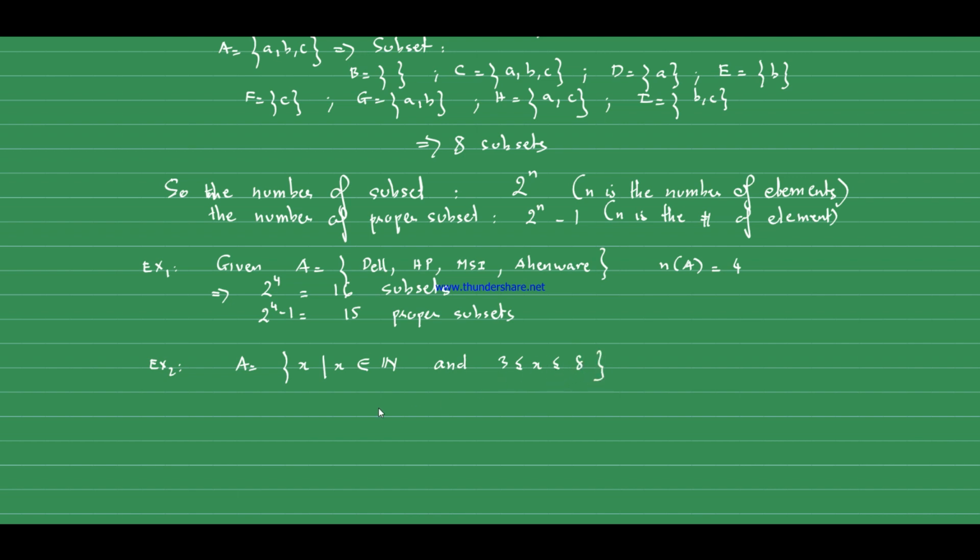So over here we can get the cardinality of set A. We have 3, 4, 5, 6, 7, 8.